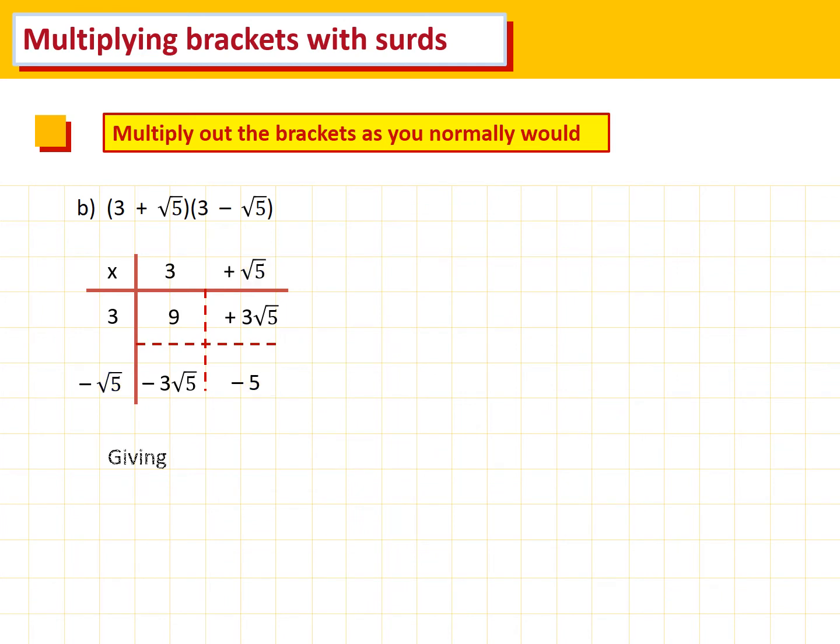Then when we put all that together, 9 subtract 5, that gives us 4. And then positive 3 root 5 subtract 3 root 5, they cancel out again, so 4 is our final answer. Note in the last two examples, we've seen the square root disappear from our answer, and that's key.